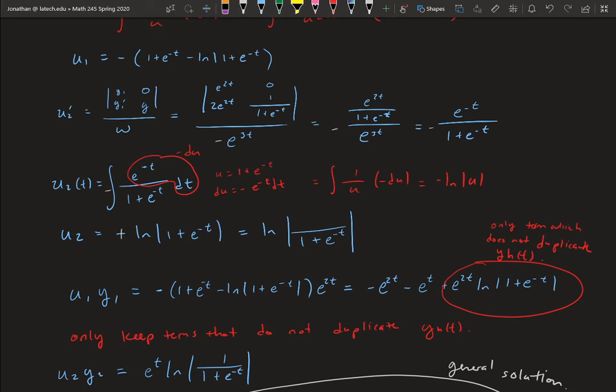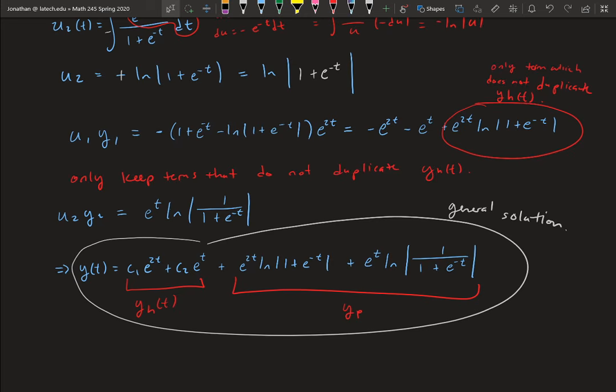So yeah, this should not be in the denominator. So u2 should just be 1 plus e to the negative t. Yep, thanks.